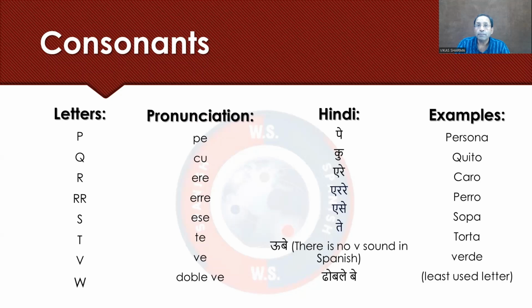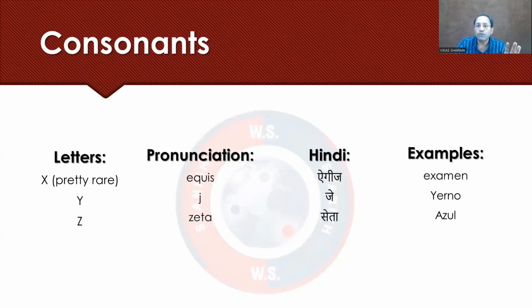R, perro. S, sopa. T, torta. B, verde. Doble V, again it is the least used letter as I said before. X, examine. J, journey. Zeta, assume.